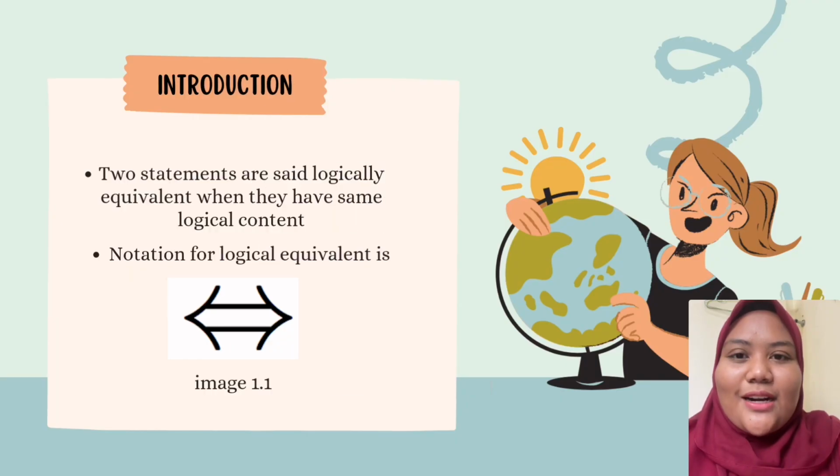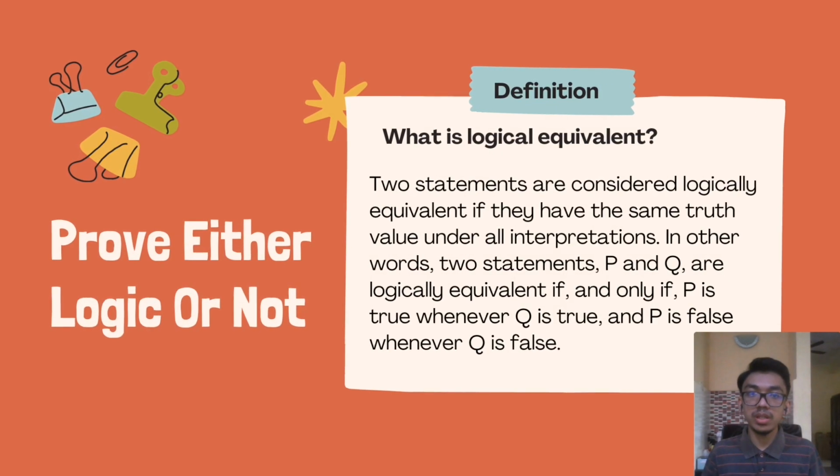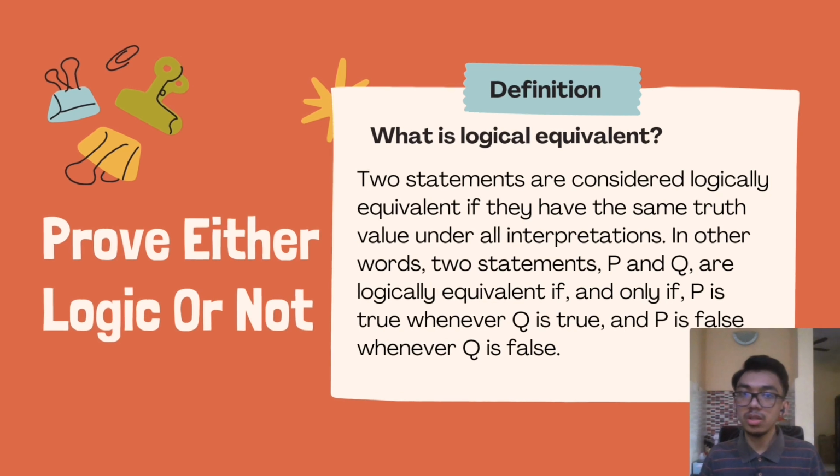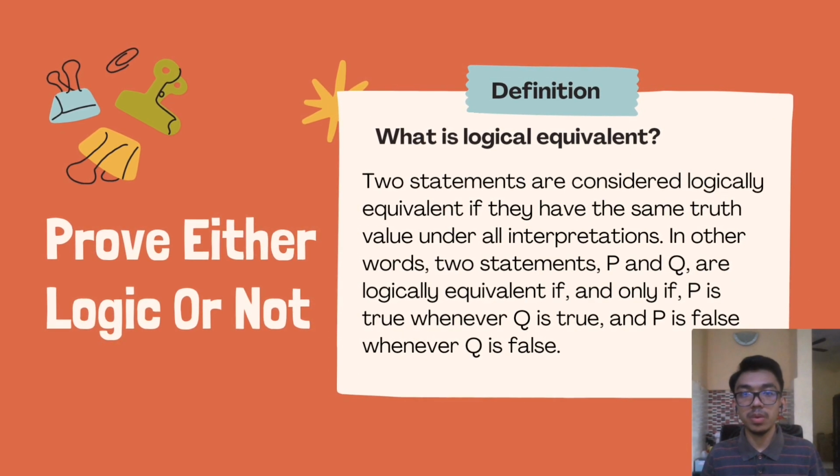Two statements are said to be logically equivalent when they have the same logical content. The notation for logical equivalence is shown in image 1.1. To prove whether two statements are logically equivalent or not, firstly, we need to understand what logical equivalence is.